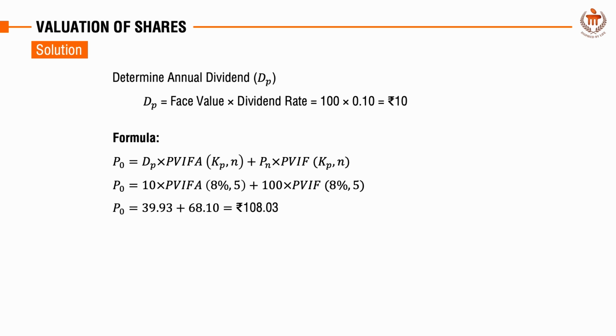Now PVIFA value for 8% interest for 5 years is 3.993 and PVIF value for the same is 0.681. Putting these values, we get P0 = 10 × 3.993 + 100 × 0.681. On simplification, we get the intrinsic value of this preference share as rupees 108.03, which is higher than its face value.